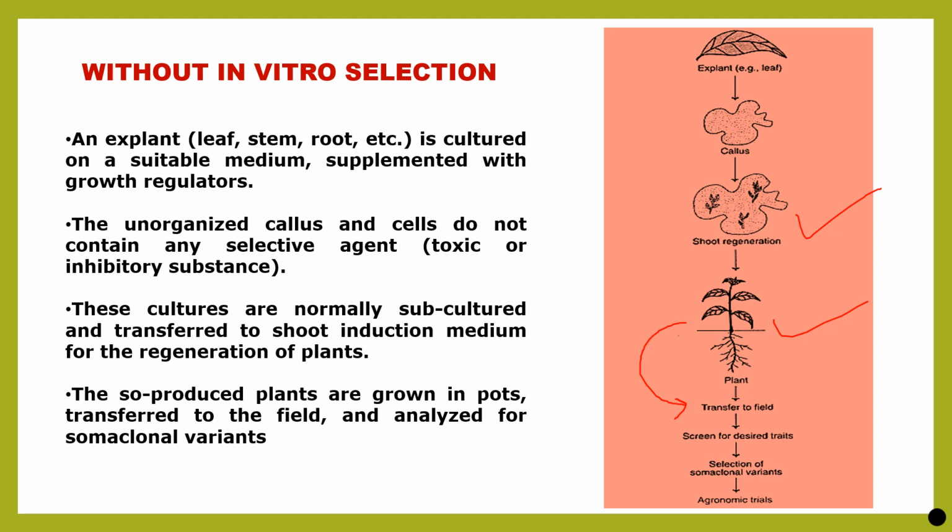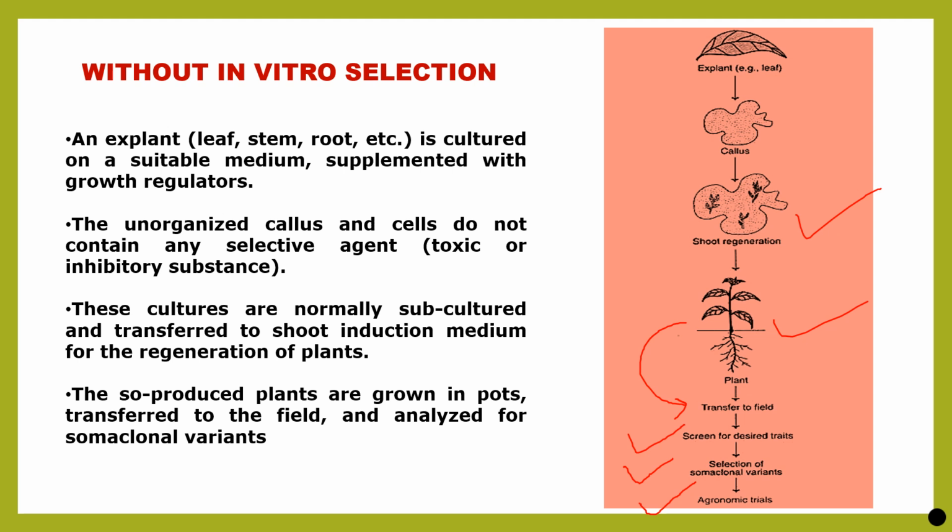Then we'll go for the screening of the desired traits, then the selection of somaclonal variants, that is, whether the regrown plant has the special characteristics which we are searching for, right? And then the plant selected as a somaclonal variant will go for agronomic trials. Okay, so this is without in vitro selection.